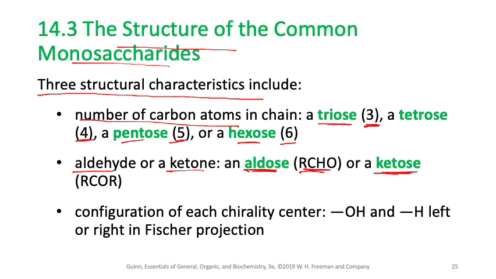Then the last one, the configuration of each chirality center: whether the OH is present on the left or right, we can have a D or L isomer, if you remember. We're going to use all these three pieces of information and try to name the monosaccharide molecules. Let's go to the next slide and try some examples.